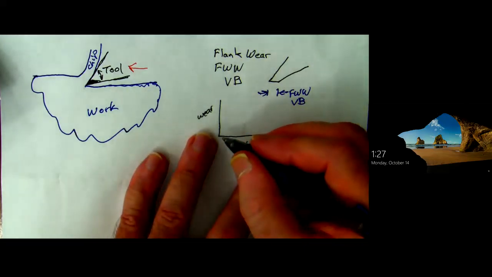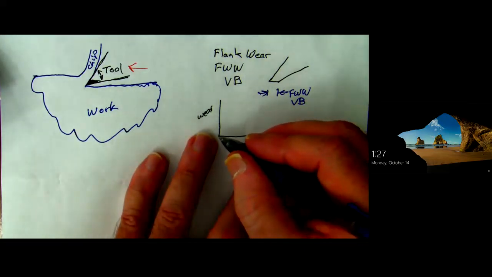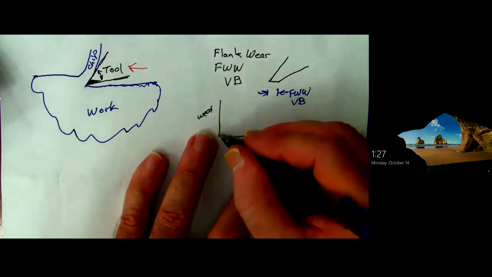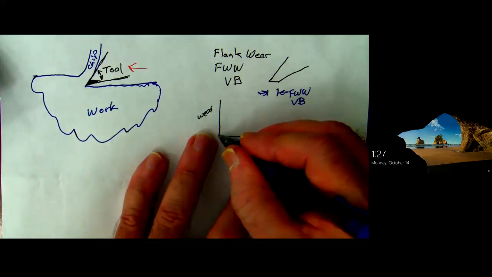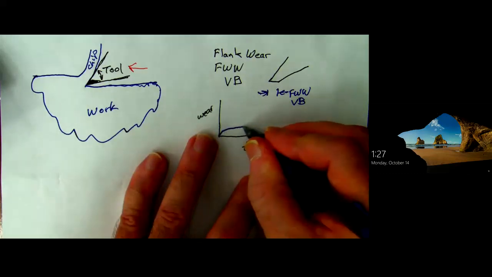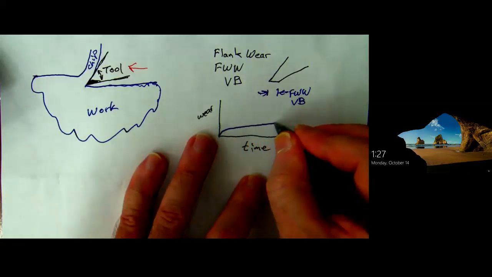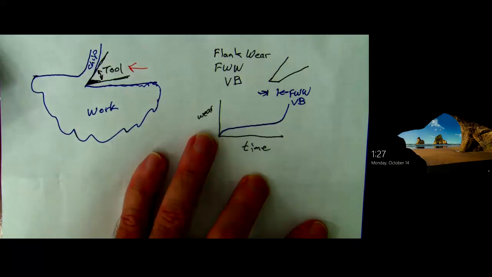Initially, when you take something that's really, really sharp and use it, it'll wear a little bit at the start, pretty quickly. And then we have a more or less flat region, and then it all goes to hell, okay? That's sort of what you have here.